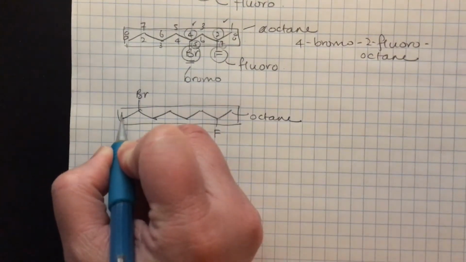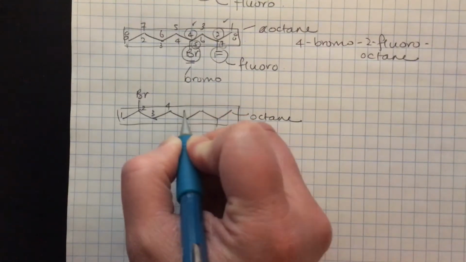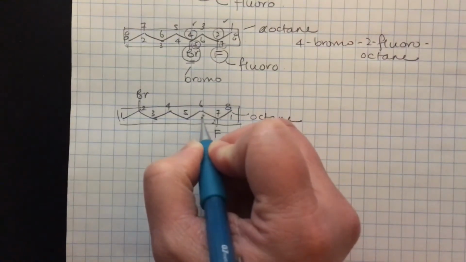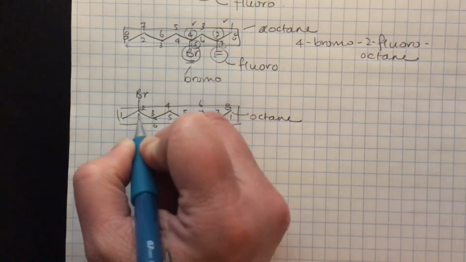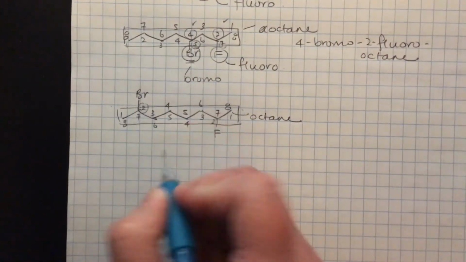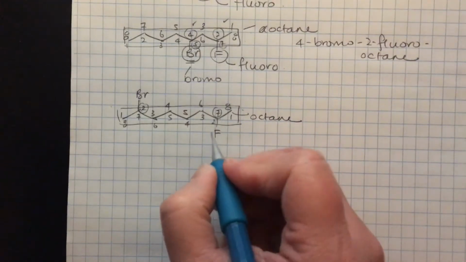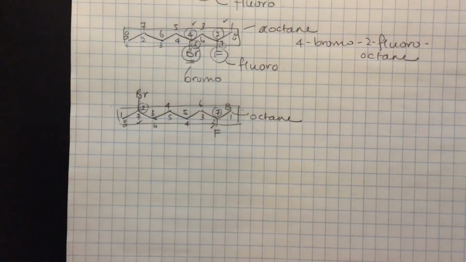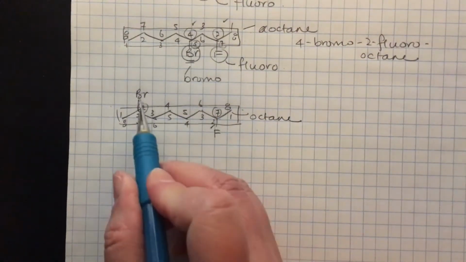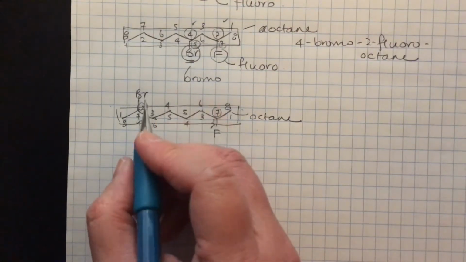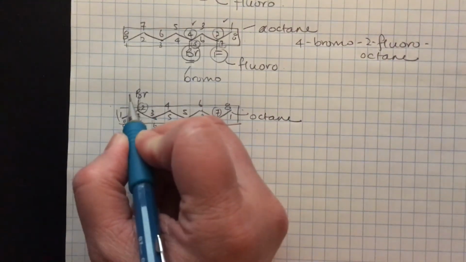And if I was to write 1, 2, 3, 4, 5, 6, 7, 8, and going in reverse, 1, 2, 3, 4, 5, 6, 7, 8, we see that going from left to right, we have Br at the 2, and we have the fluorine at the 7. But going from right to left, we have the fluorine at the 2 and the bromine at the 7. So which one do we choose? And again, if you were to take a look at the molar mass, the bromine has a higher molar mass, and so therefore we're going to give that the priority.